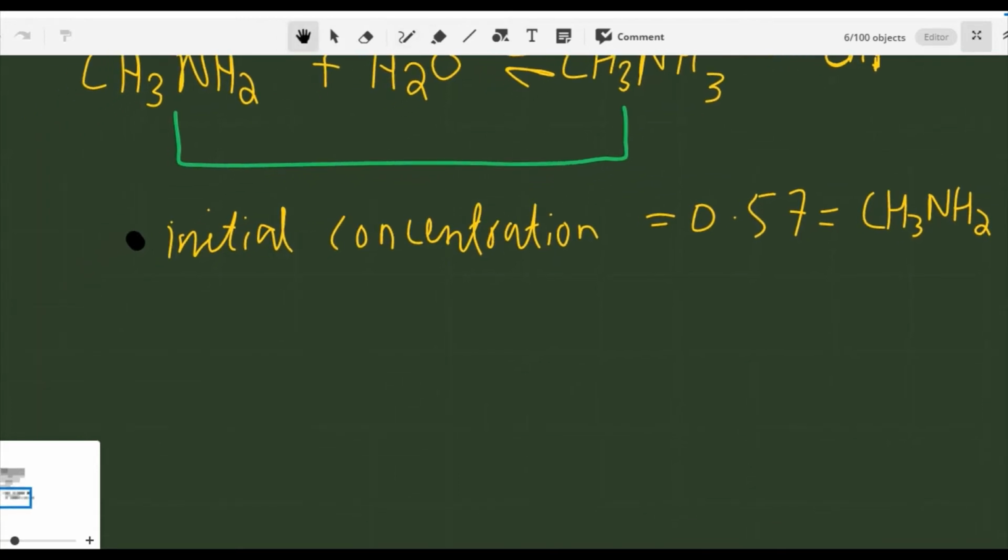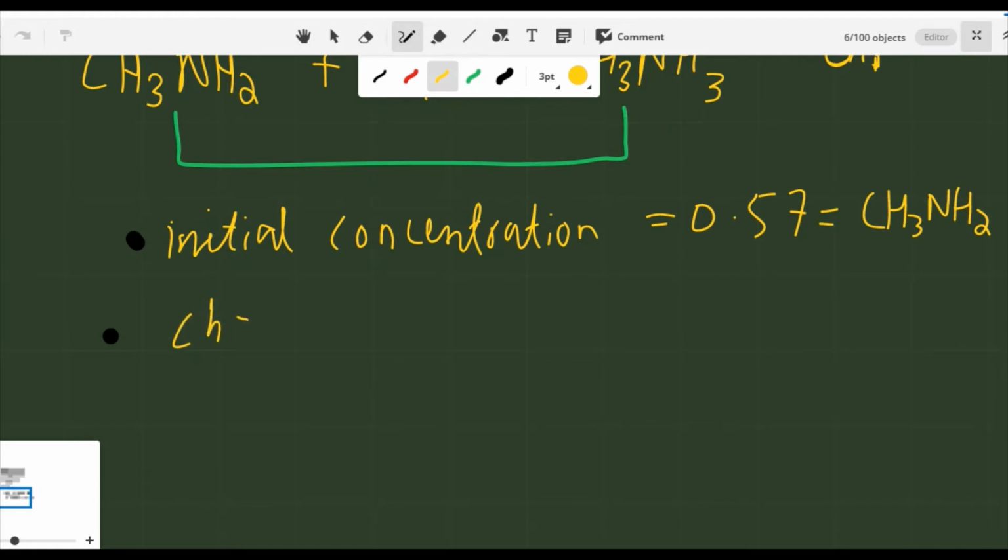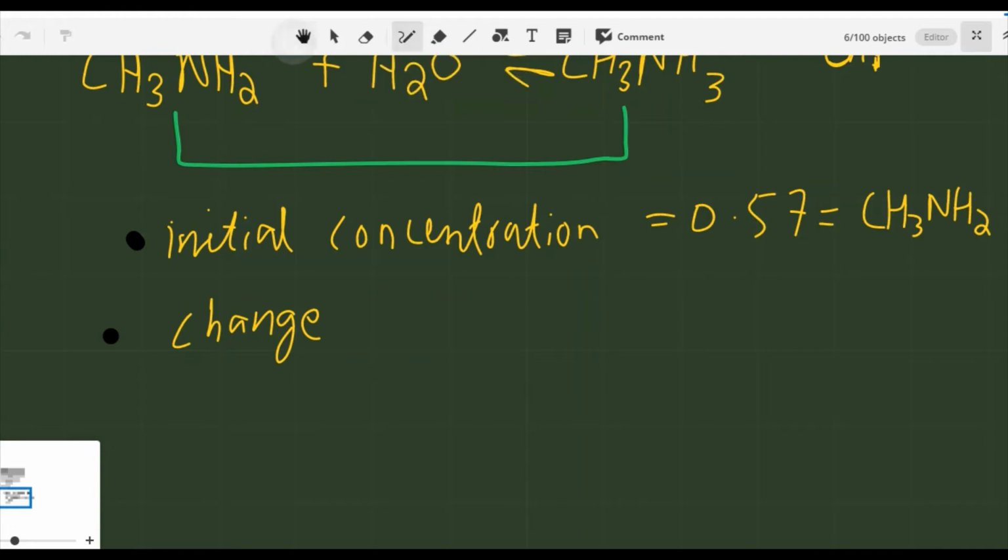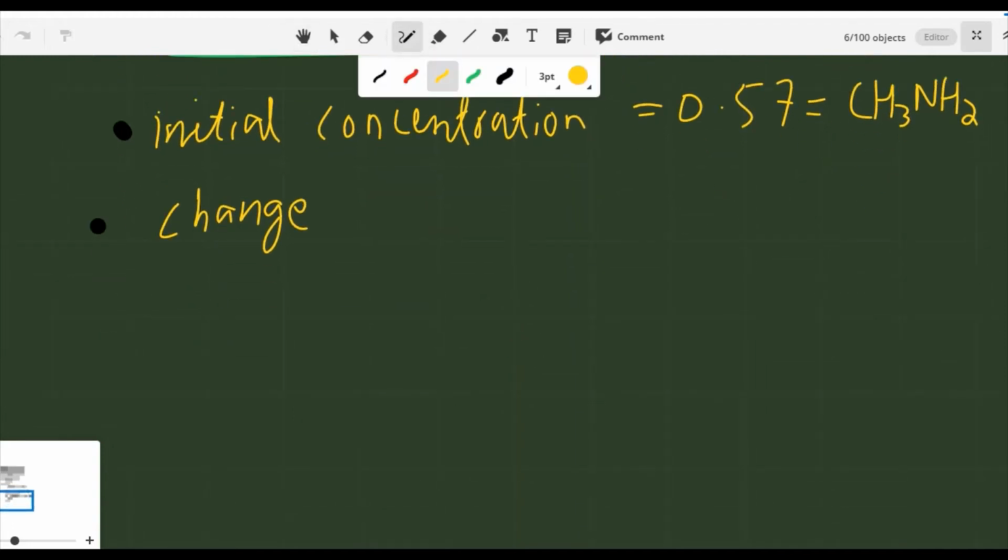Now we have to find the next thing, that is the change in molar concentration.